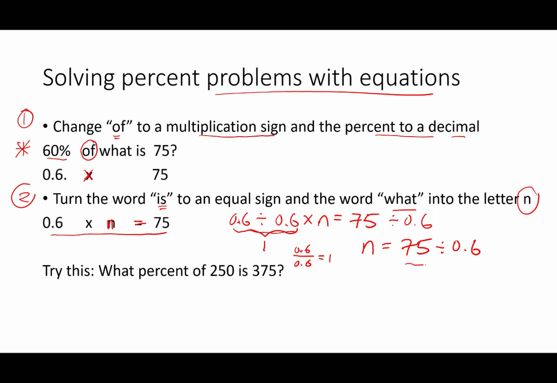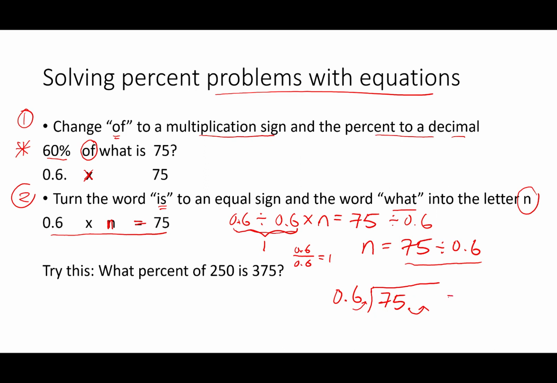Now this is a division problem with decimals. How do you divide a decimal by a decimal? To get 75 divided by 0.6, you have to change the decimal into a whole number by moving the decimal point one place to the right, and do the same for the number 75.